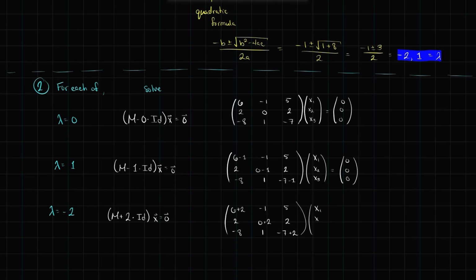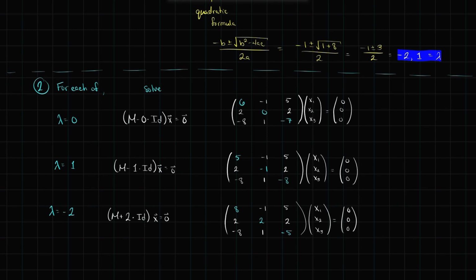Against x1, x2, x3 equals 0, 0, 0. So if I go ahead, I can just replace these with their values of 6 minus 1 is 5, 0 minus 1 is negative 1, negative 7 minus 1 is negative 8. And I can replace these with their values as well. 6 plus 2 is 8, 0 plus 2 is 2, negative 7 plus 2 is negative 5. And I'll go ahead and change these to have the same color so that they all agree.